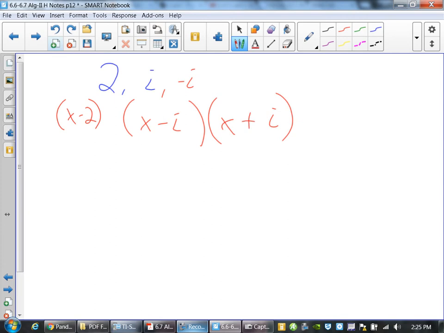When you FOIL that out, you wind up with a difference of squares, because the middle term will go away. So here you wind up with x squared minus I squared, which is x squared plus 1. So you have x minus 2 and x squared plus 1. Those wind up being your two terms.